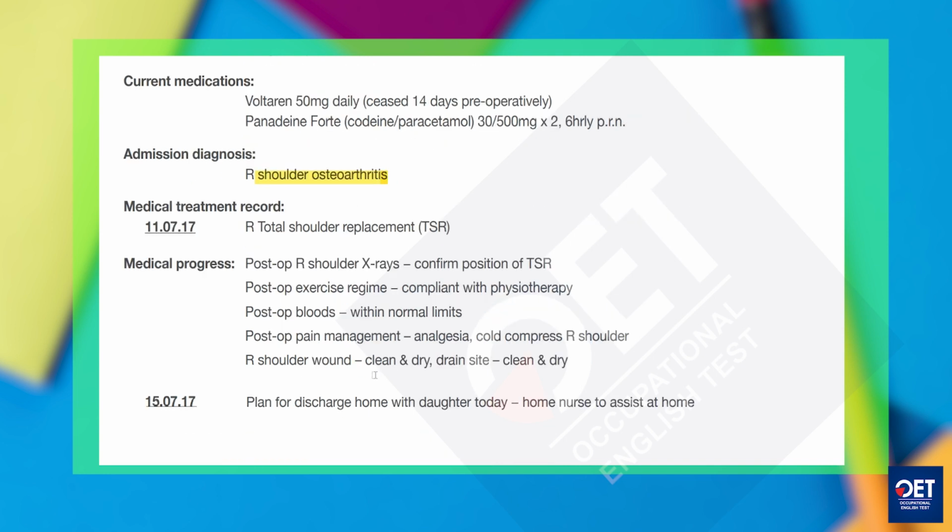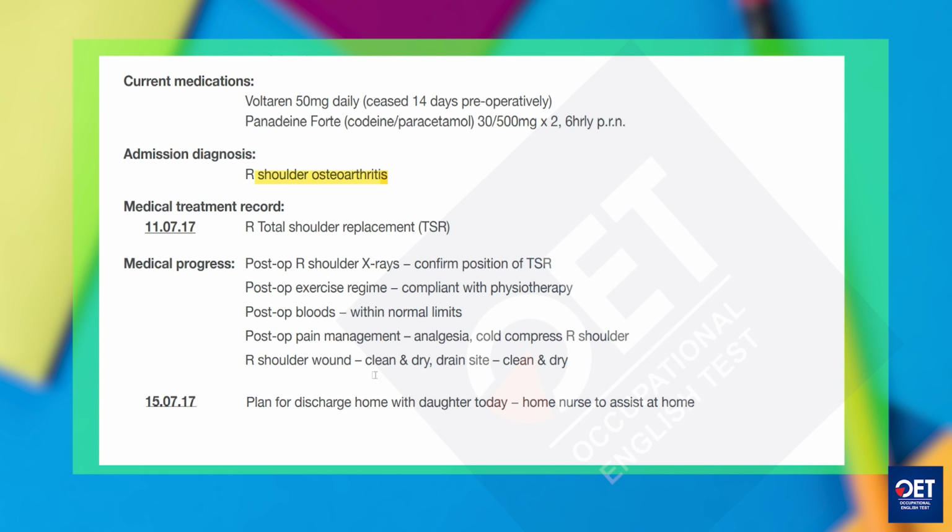Great. The medical treatment record says on 11th of July 2017 she had her TSR, that is total shoulder replacement, for the right shoulder. Medical progress: post-operative X-rays confirmed position of TSR and the exercise regime, and she was compliant with physiotherapy.